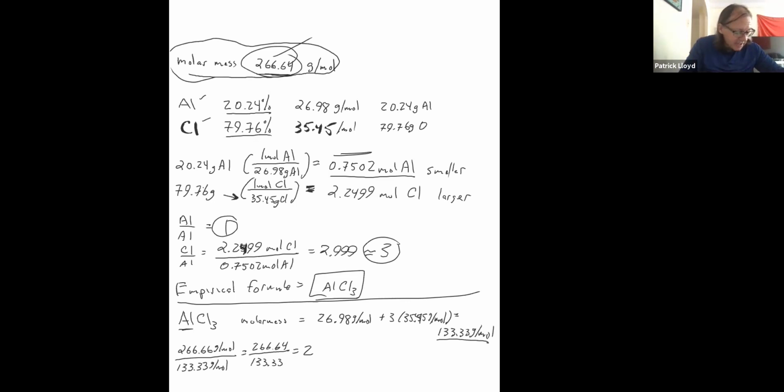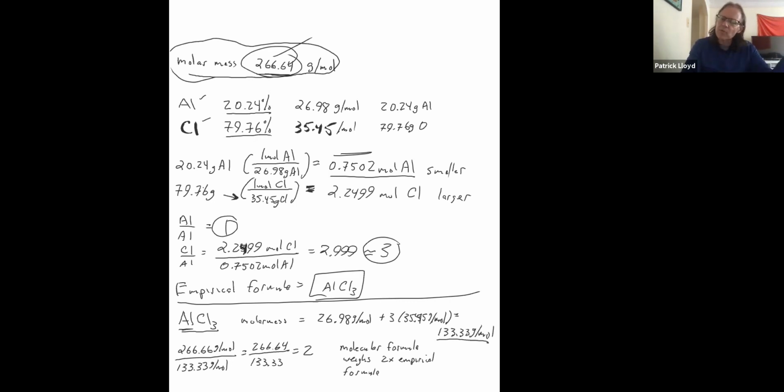So that tells us the molecular formula. Remember, that's the actual compound. It weighs 2 times the empirical formula. So if the empirical formula is AlCl3, that means the molecular formula would just have twice as many atoms.